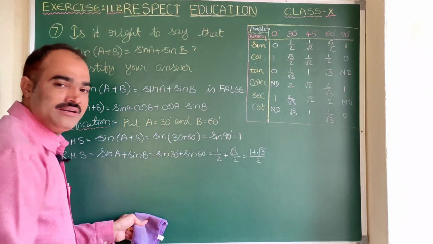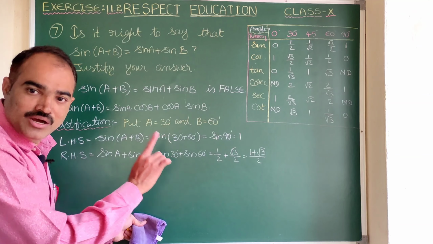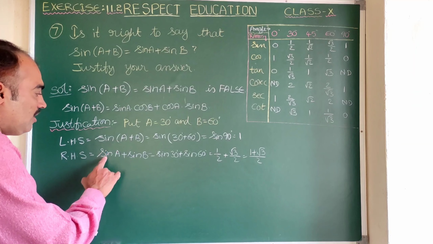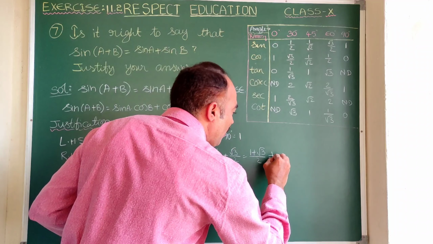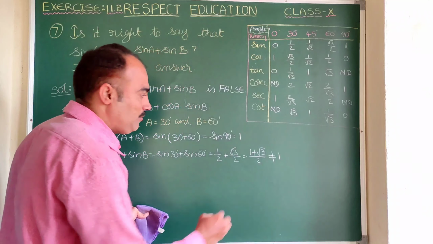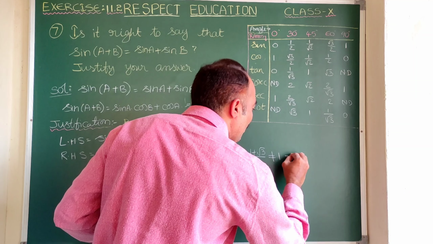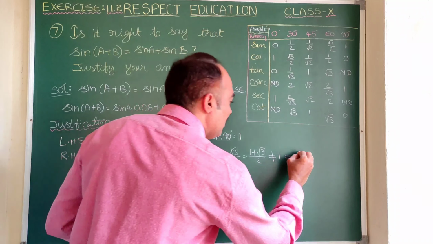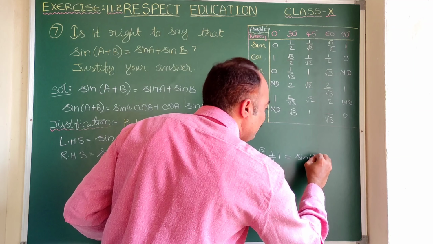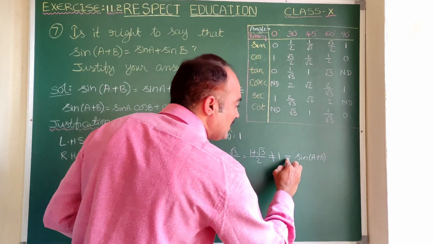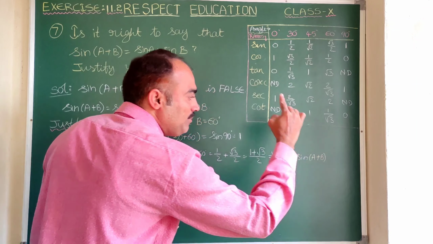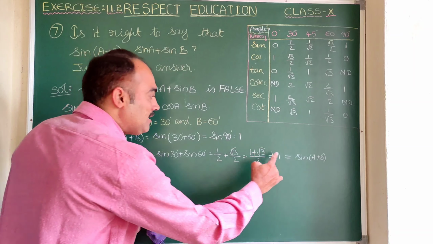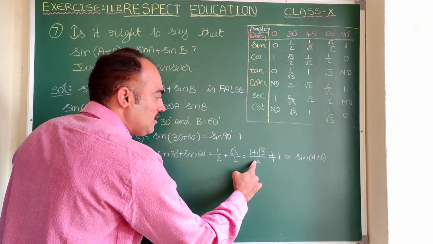Is it equal to 1? No, sir. That's why sine of A plus B is not equal to sine A plus sine B. This is not equal to 1. That means this value is not equal to sine of A plus B. Here I wrote equal to only; the meaning is that 1 is equal to sine of A plus B, but that is not equal to this value.